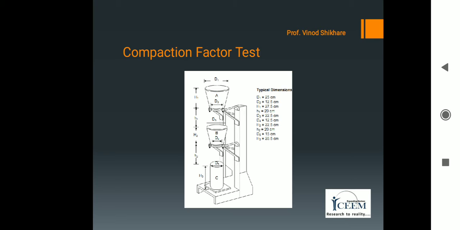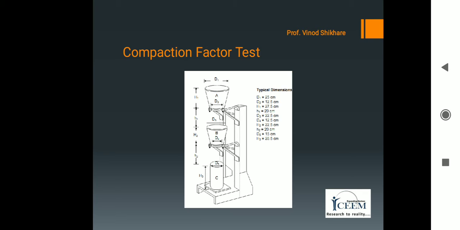In this test, the workability is measured by determining the degree of compaction achieved by a standard amount of work done for compaction of concrete, by allowing the concrete to fall through a standard height from hopper A to hopper B and hopper B to cylinder C. The degree of compaction achieved through this test is called the compaction factor.